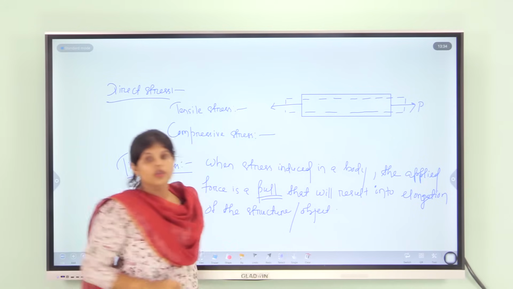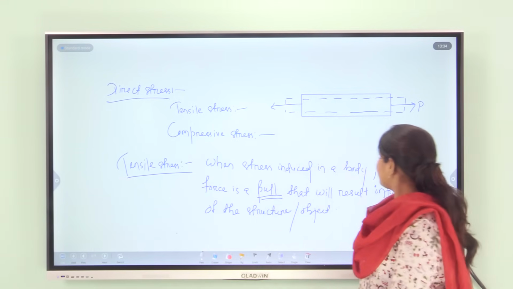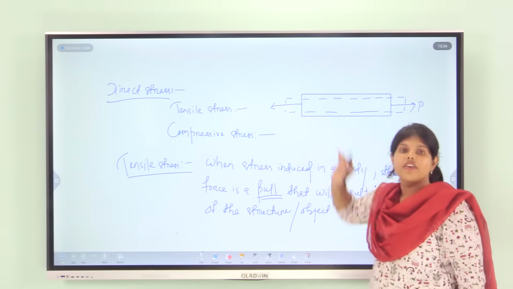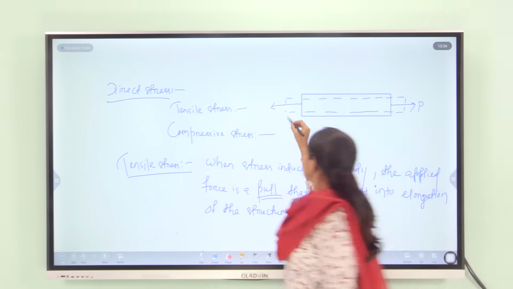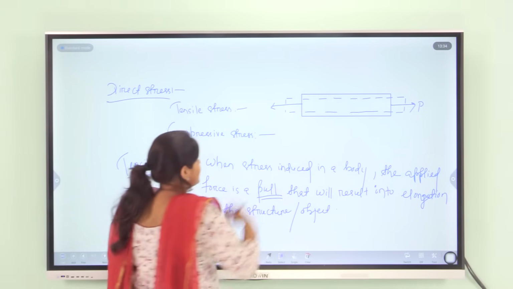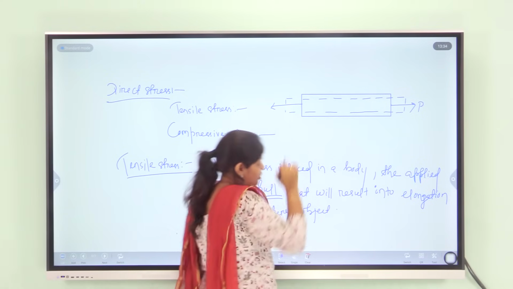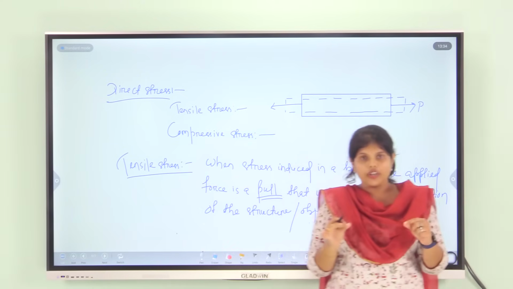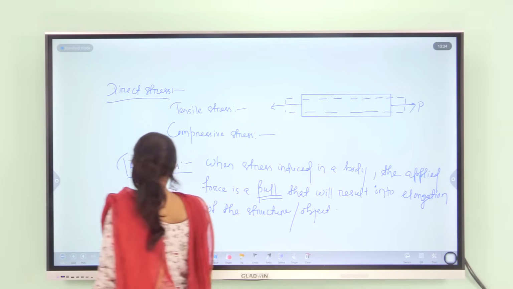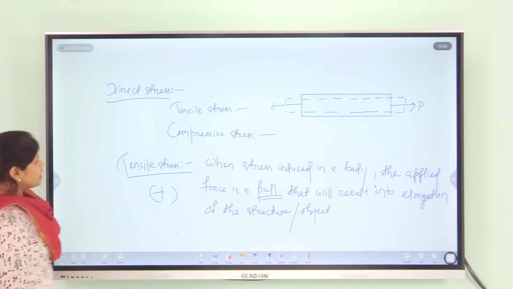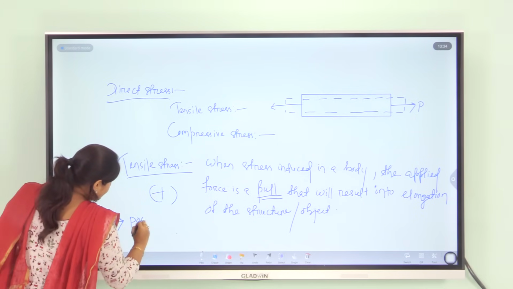If one side elongates, another side contracts. So, as the structure becomes more elongated, it will always be positive. So, tensile force is a positive force.